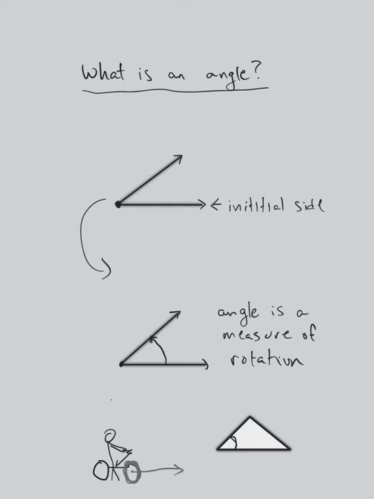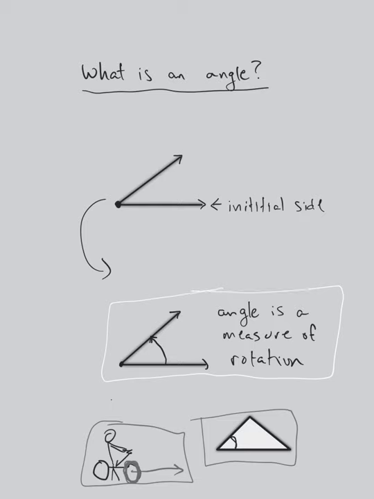And so in those cases, keeping up with angles and their rate of rotation, and just their rotation in general, is really important. So there's cases in geometry and trigonometry where keeping up with the rotation is important, and there's cases where we don't really need to worry so much about the rotation. But in order to have a clean working definition for an angle, we're going to look at it as a measure of rotation.